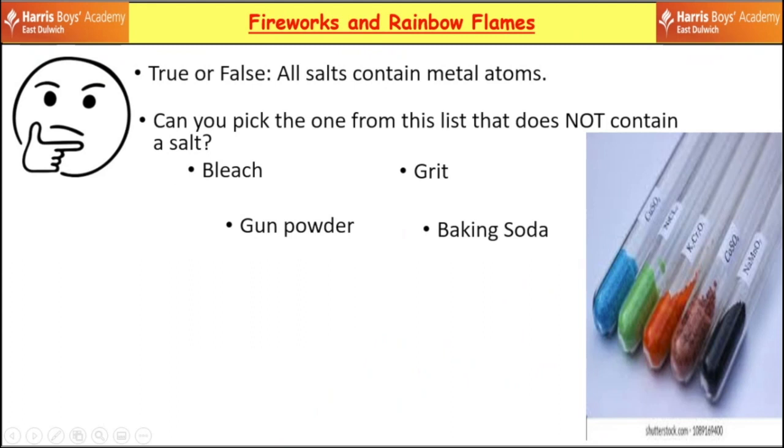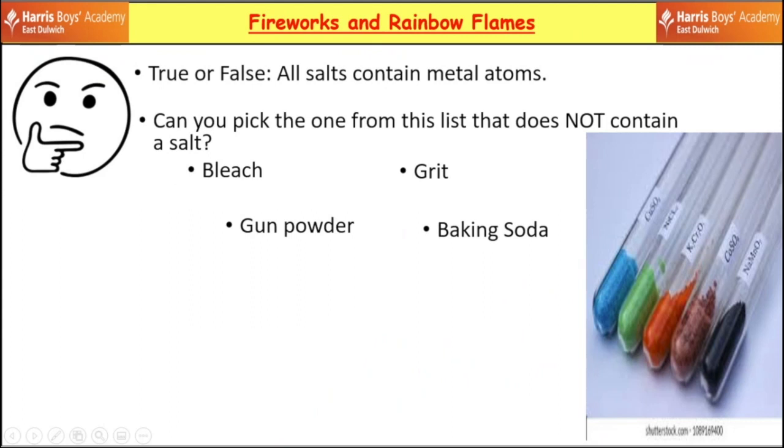Now, we said that a salt contains a metal and it contains an acid as well. Now, the metals that are in those salts, they have what we call atoms inside of them, and these atoms can absorb a lot of heat when heat is applied to them.